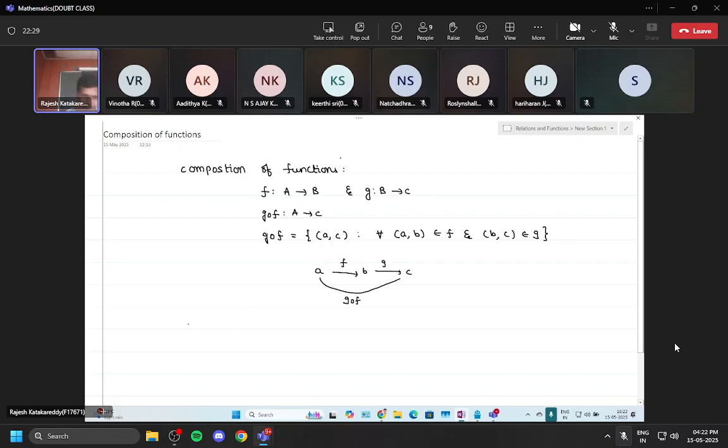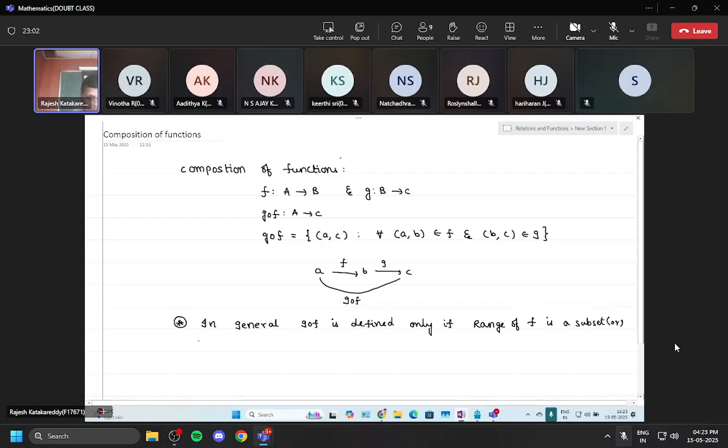In general, this is an important thing. g composition f is defined only if the range of f is a subset, maybe equal also, of the domain of g.